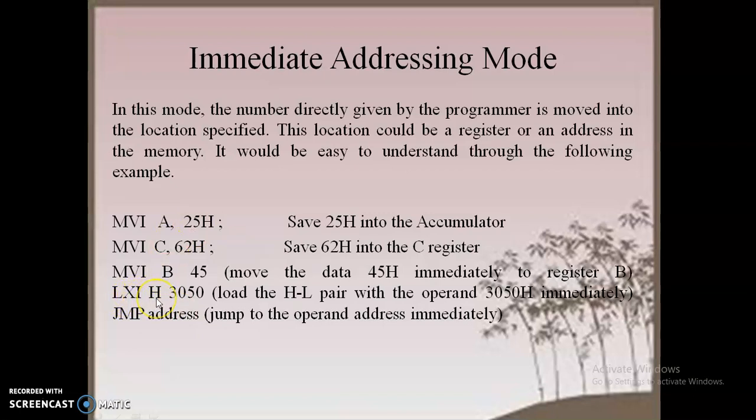H means the HL pair, 3050. 3050 means a memory location. So from that memory location, the value is transferred to the HL pair. Here the HL pair is loaded with the operand 3050H immediately. The HL pair is loaded with the content of 3050H.